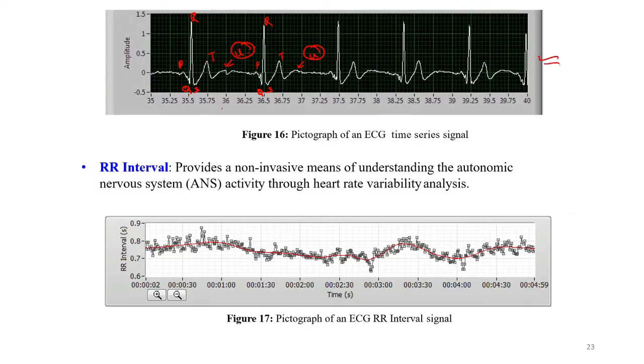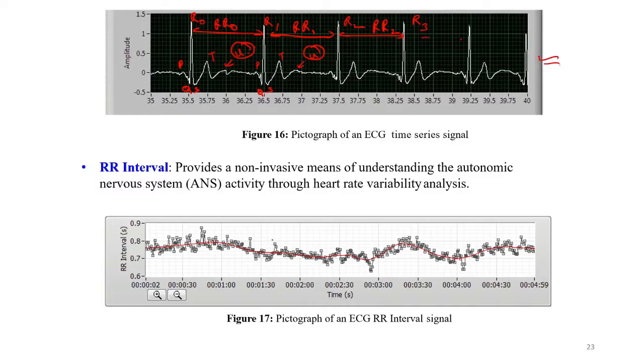Okay, now from there, how do we get the RR interval? As I told you, say 0, this is R0, R1, R2, R3, and so on. So this is RR0. This one is RR1. This one is RR2, and so on.